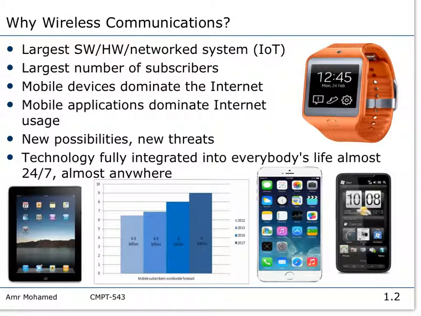But of course, with new possibilities, there are always new threats, right? We know that mobile communications are always associated with mobile attacks. So security is one of the threats that face mobile communication technologies.